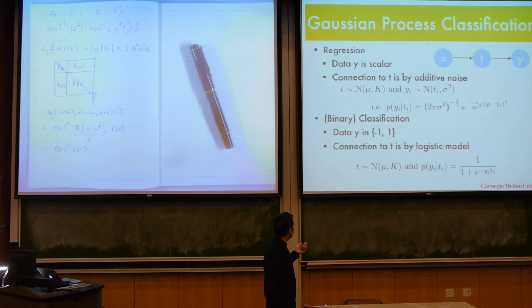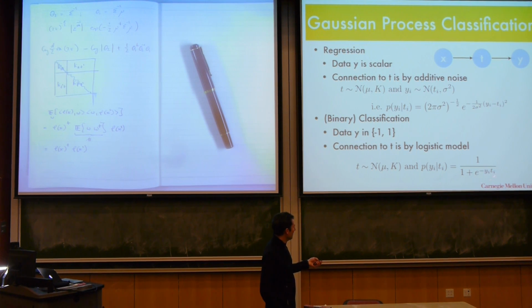Okay, so now let's say we have y's being plus or minus 1. And I can still play the very same game. So t is normally distributed with some mean and covariance. But now, of course, I need to get ones and zeros or plus minus 1s out of this.